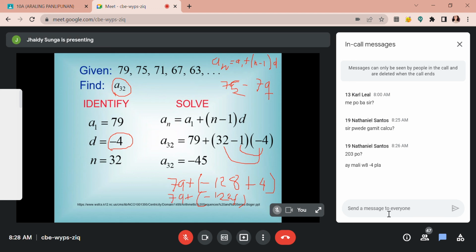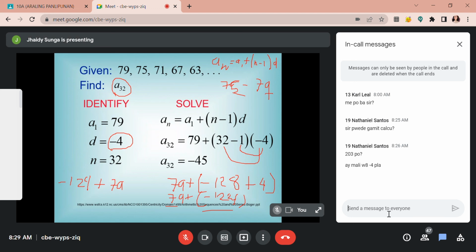So in adding, how did we add? If it's add, it's easy to add into a negative number because you can just switch the terms. For example, negative 124 plus 79 is just fine. But in subtracting, it's a different case already. You should follow the order.